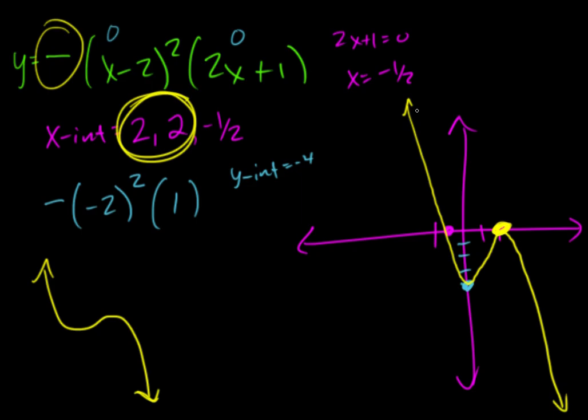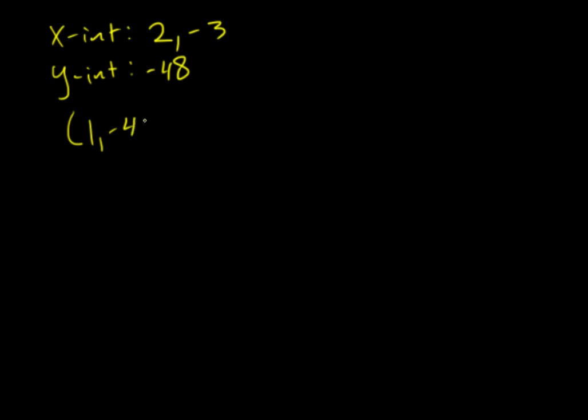So that's the basic idea of how to graph cubics. Now, we have one more example though. It says find the equation of the cubic which cuts the x-axis at 2, negative 3, and cuts the y-axis at negative 48, and which passes through the point (1, negative 40).